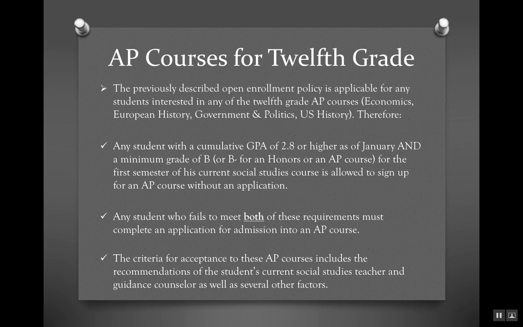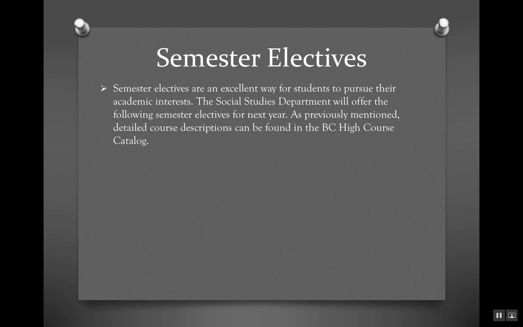If so, great, just go right ahead and sign up for one of our 12th grade AP courses. If a student does not meet both of these requirements, again, he'll just go ahead and complete the same application that is offered to the students who want to take AP US who do not meet those requirements. As it says, just like before, we're going to be taking a look at the recommendation of the student's current social studies teacher, his guidance counselor, and some other factors.